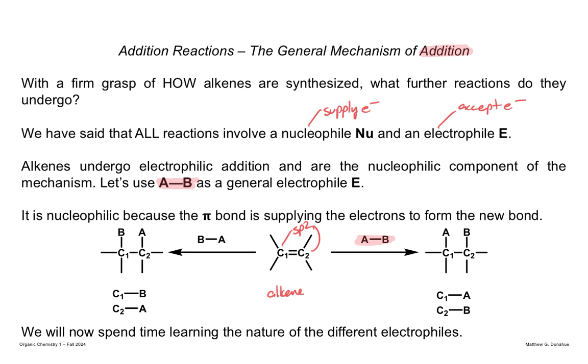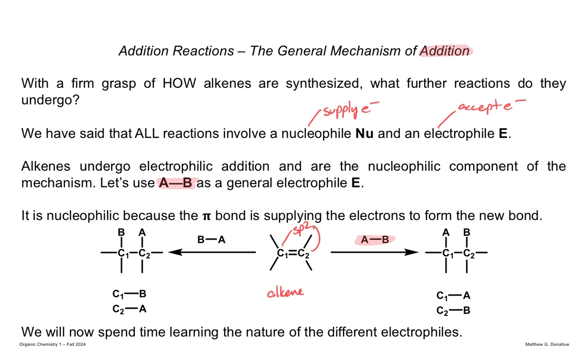And in this alkene, we have H, methyl, ethyl, and methyl. So the alkene is not symmetric. Now, it will matter if the electrophile acts this way, or you flip it this way, because each sp2 hybridized carbon is going to get something different.